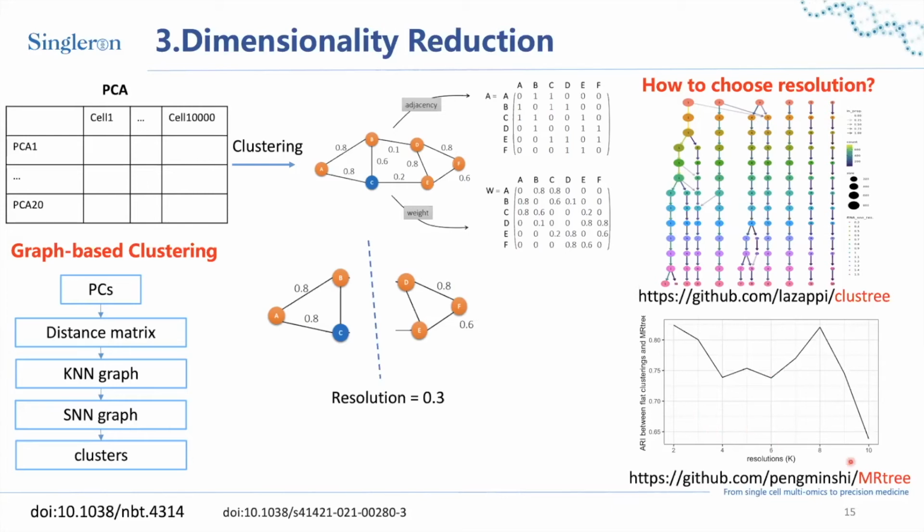On the other hand, there is another software called MR3, and it evaluates the ARI score of different numbers of clusters K to evaluate the performance or the stability of the clustering. We should choose the one where the plot is getting very flat and stable.